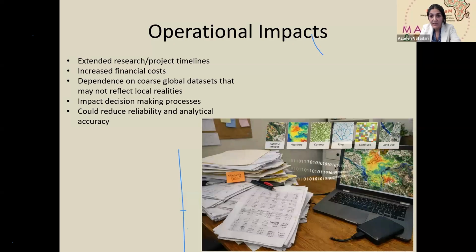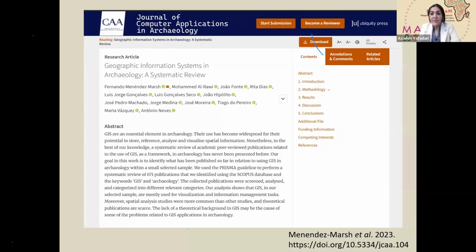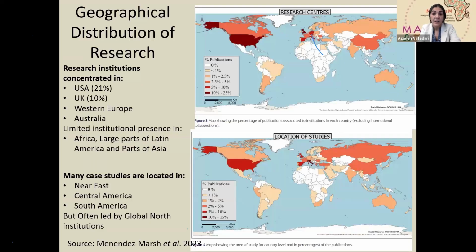It is also interesting to look at this work done by Mendes Marsh and colleagues published in 2023, examining how GIS is used in archaeology worldwide. The authors analyzed 571 peer-reviewed publications from the 1990s to 2022. Their goal was to understand research trends, methodology patterns, and global distribution of GIS applications in archaeology.